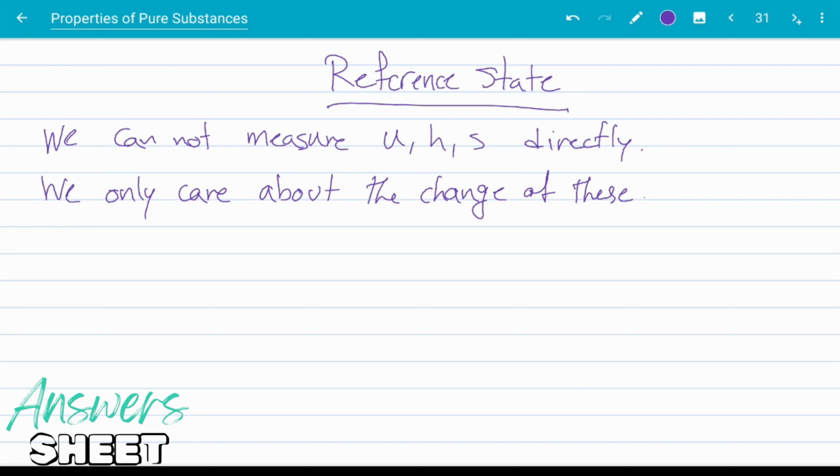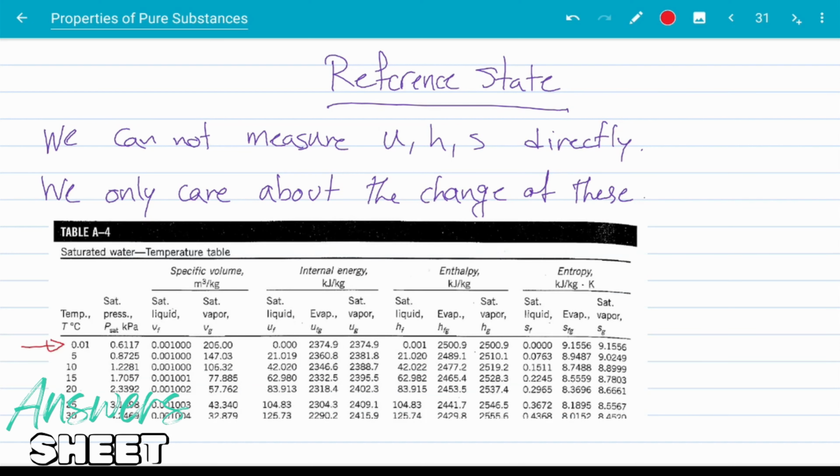Let me give you an example. Back to the table that we had for water at a temperature of 0.01 degrees Celsius and a pressure of 0.6117, in other words, the triple point, we are assuming the internal energy to be 0 and the enthalpy to be very close to 0. The enthalpy cannot be 0 because remember, enthalpy is internal energy plus P times specific volume.